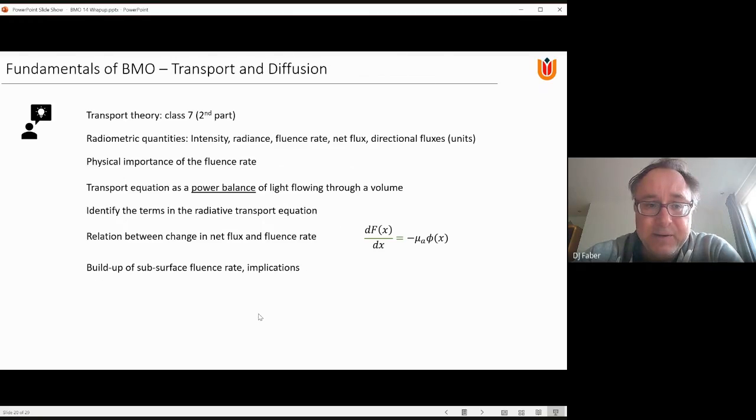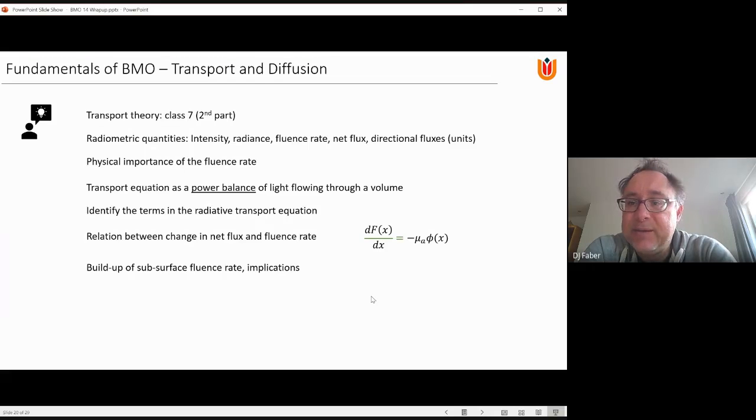Okay, and the final fundamental part was on transport and diffusion, so transport theory. For that, there's a couple of radiometric quantities that went into that. So what is the intensity? What is the radiance, fluence rate, net flux, and directional fluxes? These were the most important ones, and their units.